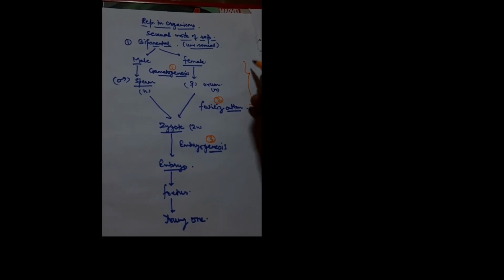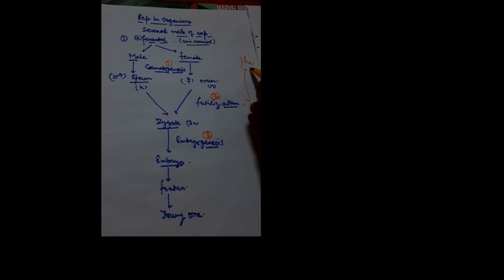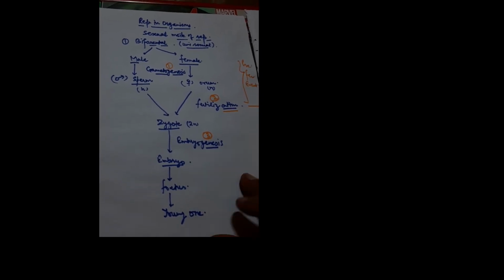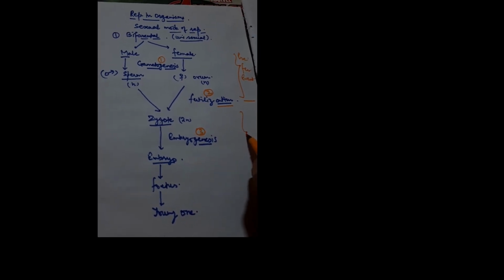If we need to summarize the whole process of sexual reproduction, before the process of fertilization there is one phase, and this is called the pre-fertilization event, followed by the fertilization process, and this fertilization will then be followed by the post-fertilization event.